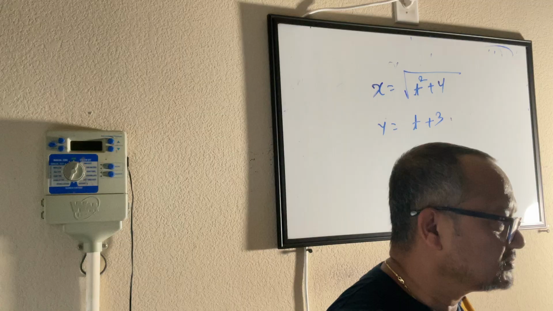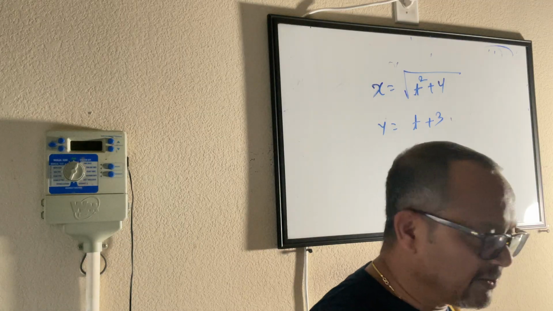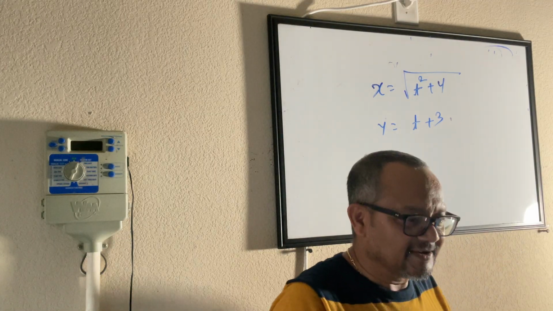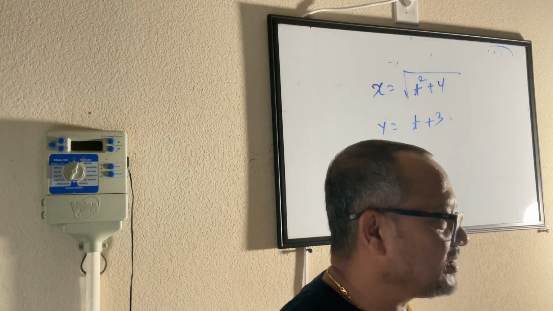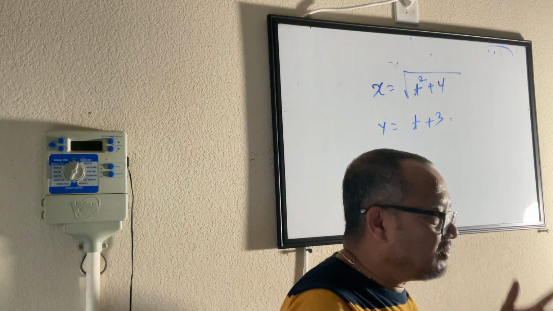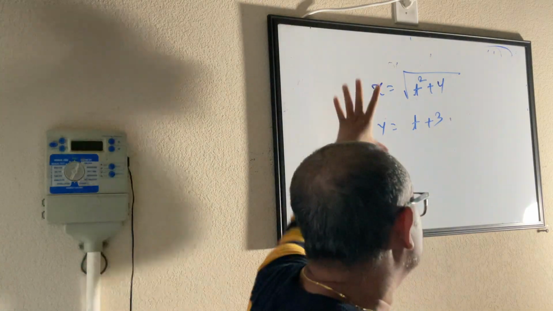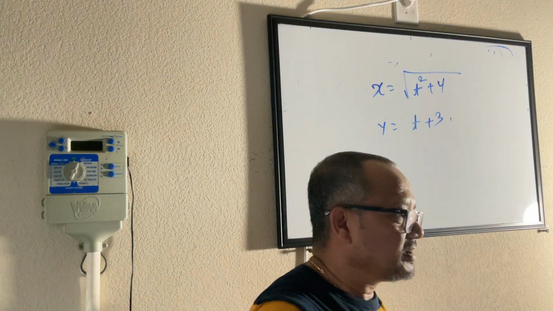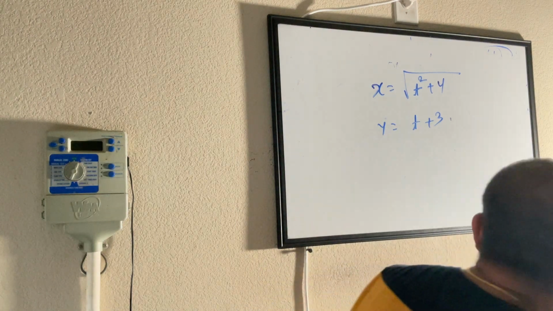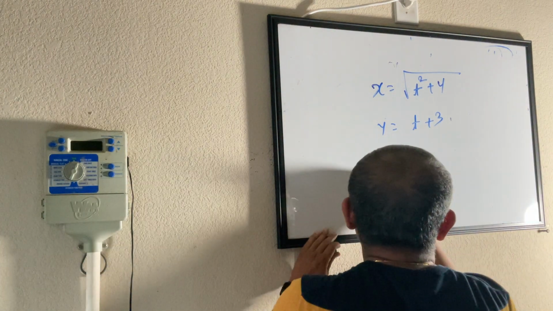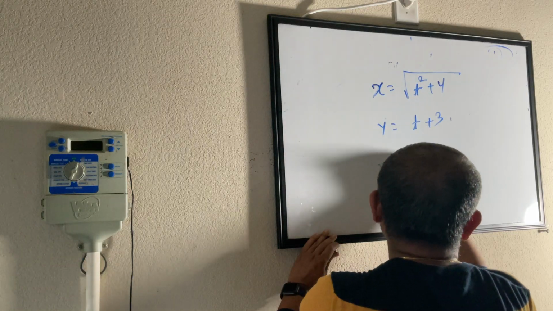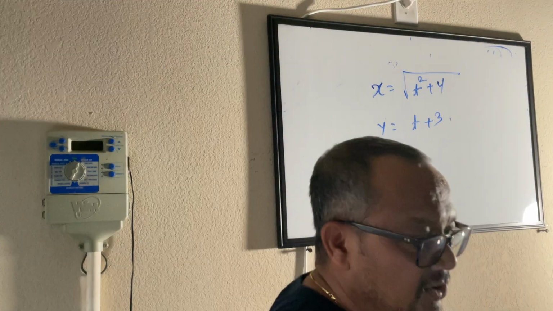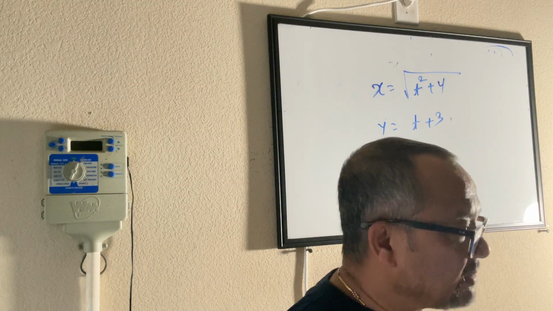Done? Read it for me. Can we solve it? You just tell me what is the equation that is coming out of these two? Y equals x square minus 1. Okay. Praneeth, what is your equation coming out of these two?